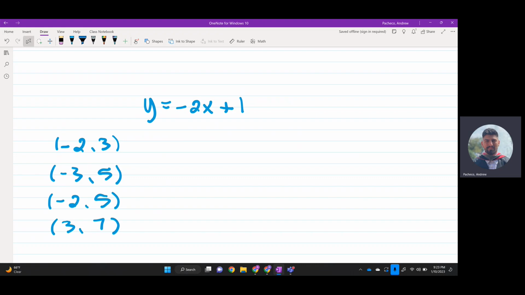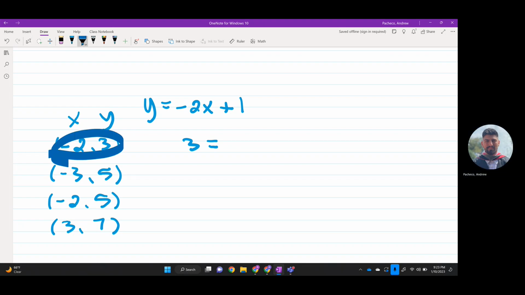So for it to be a solution, we have to plug in this for x, this for y, and we're trying to figure out if I plug in negative 2 for x, 3 for y, will it make my equation true? Will the left side and the right side be equal to each other? So 3, I plugged in 3 for y because that's my ordered pair.